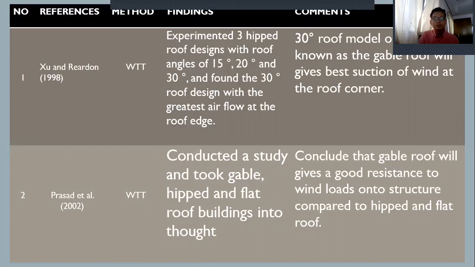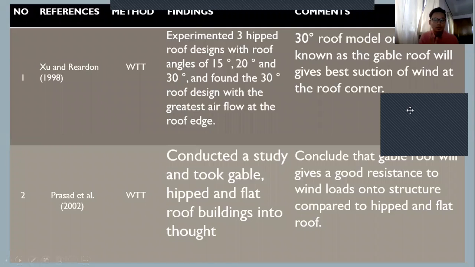My comment on this article: the 30 degree roof model is also known as the gable roof, because most gable roofs use an angle of 30 degrees. The 30 degree roof model will have the best suction of wind at the roof corner.